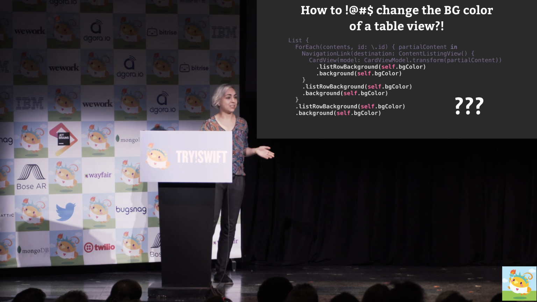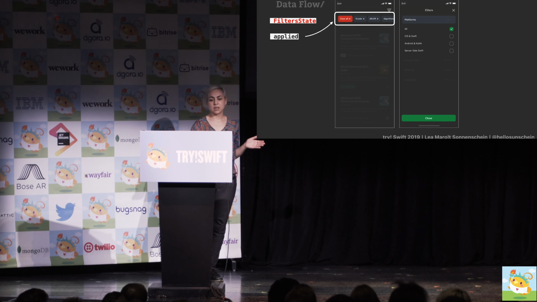All right, so taking another look at what we're trying to build and getting rid of all the fluff, we can break down these views into components and state. So to render this view, we'll have a filter state controlled by both the library view and the filters view. The filter state will have a property called applied, which are the filters that are actually applied to the content that the library is showing.